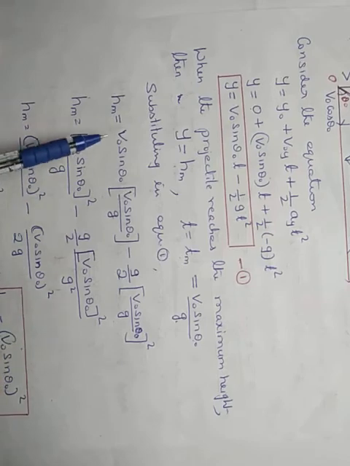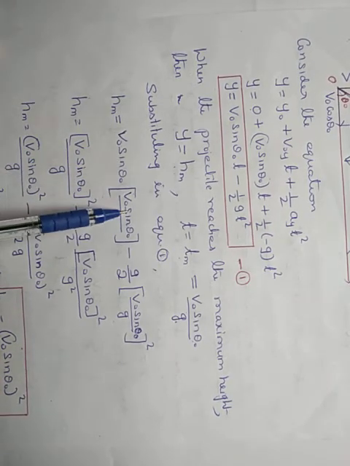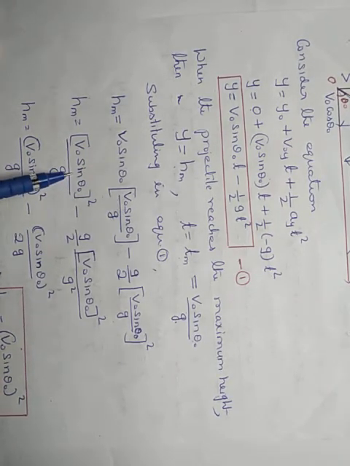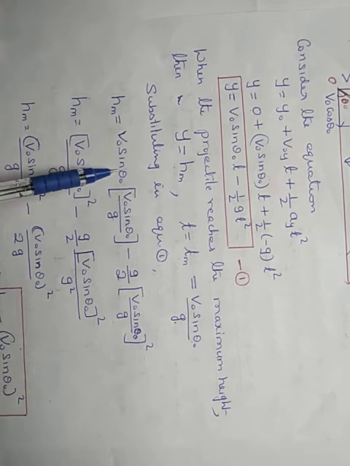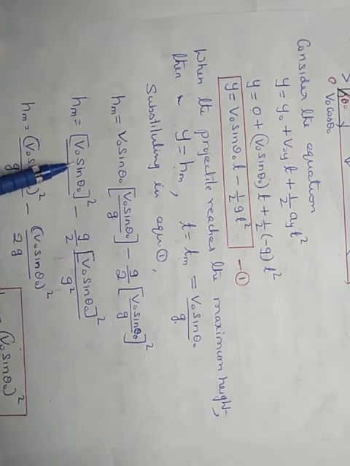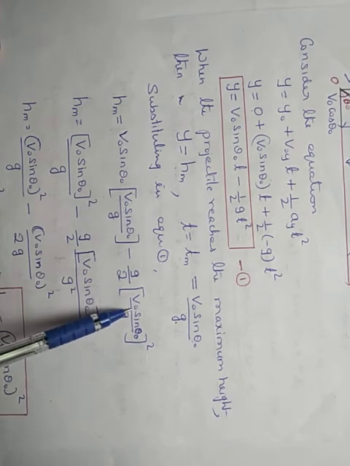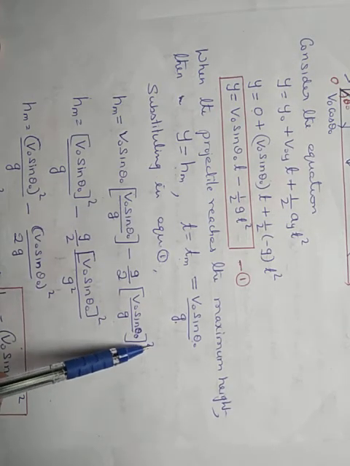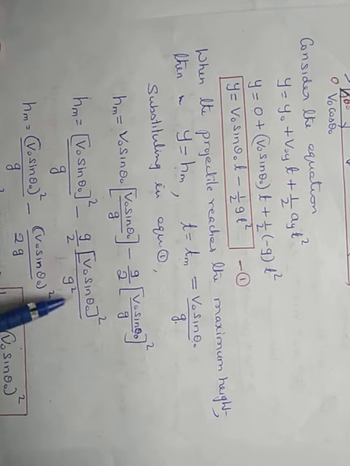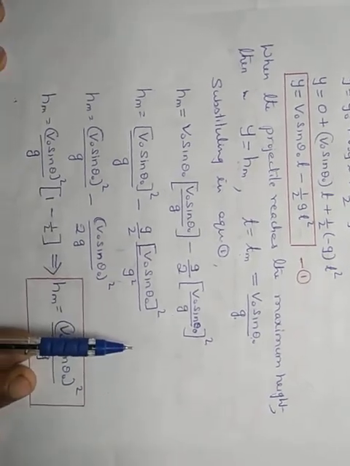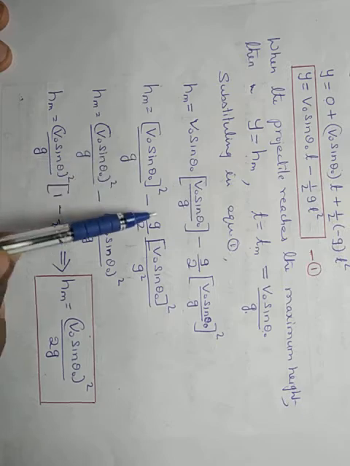So, the same term becomes square, v naught sin theta naught whole square by g minus g by 2, once again v naught sin theta naught whole square by g square. Okay, see this derivation carefully.